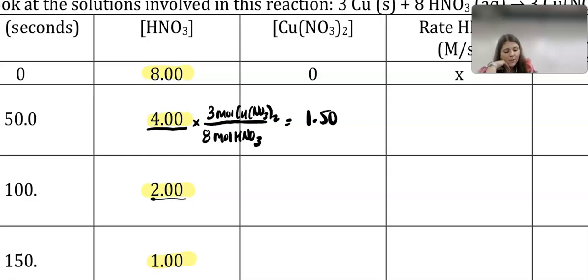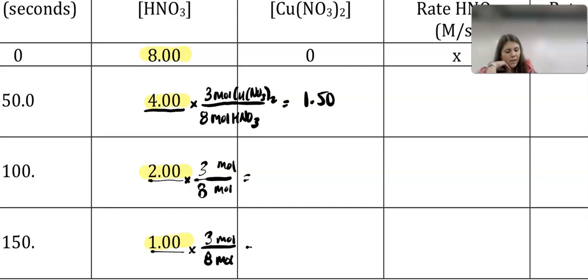Now, I'm going to continue this down because we're going to do this for every single one. They're all going to have the same ratio. I'm just not going to write the chemical species for the other one. So here, in the next time interval, 2 times 3 divided by 8 gets us 0.75. Now, please note, we already have 1.50 right here.